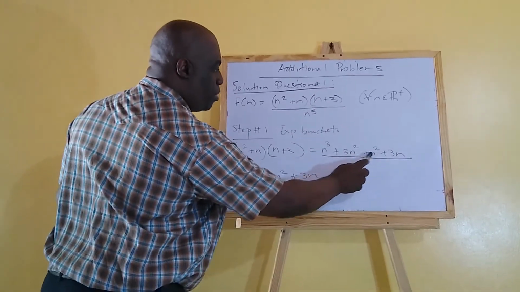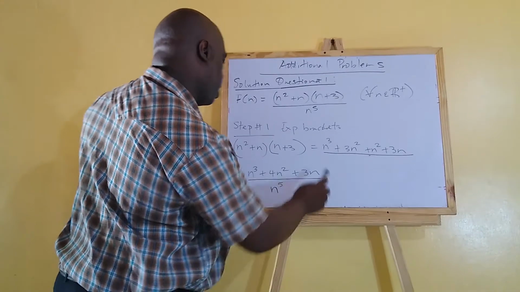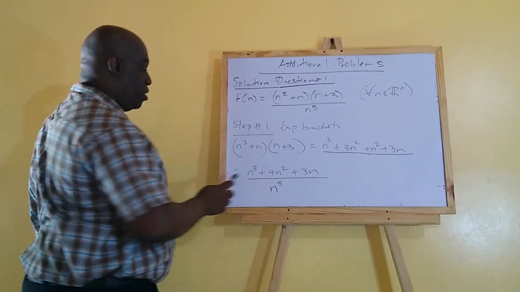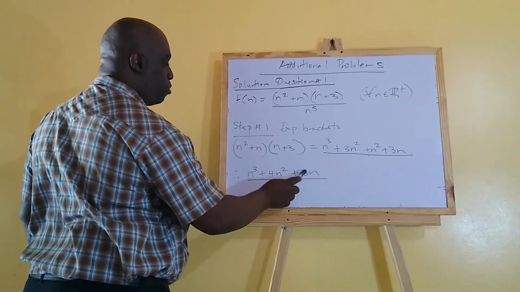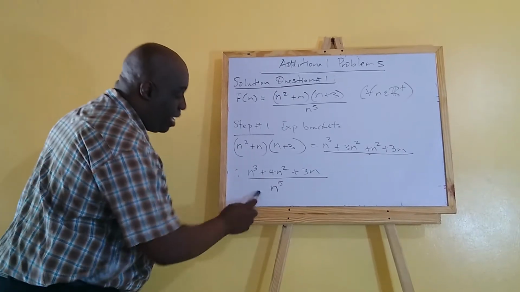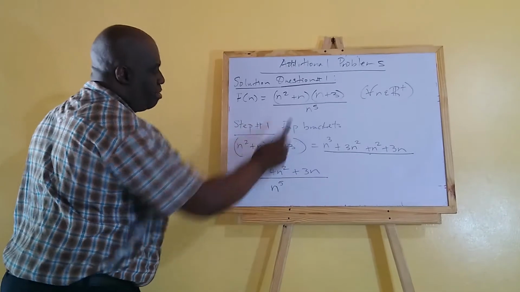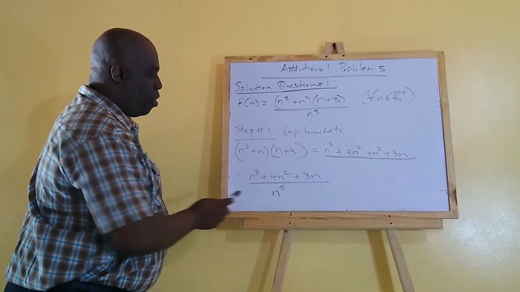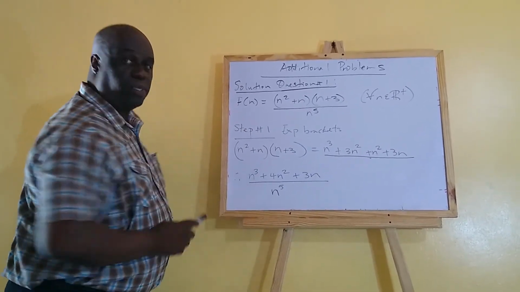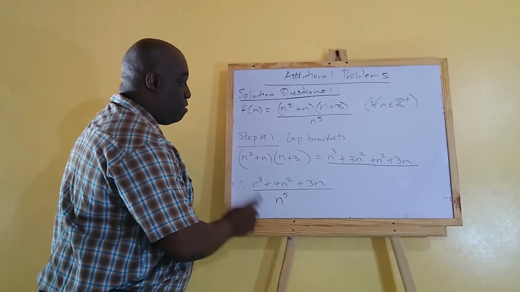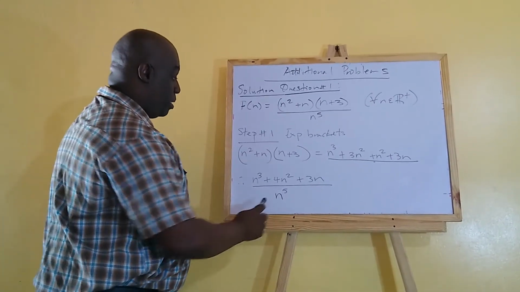Remember, 3n squared plus n squared gives us what? 4n squared. So n cubed plus 4n squared plus 3n. Please do not forget, the entire thing is separated by a denominator here, which is n to the 5th, so I put it back. Now, looking at this, I would argue that we can still simplify this even further. So we'll continue that in a moment.